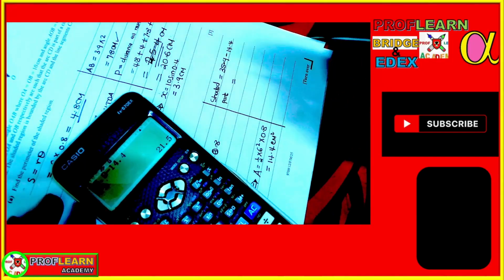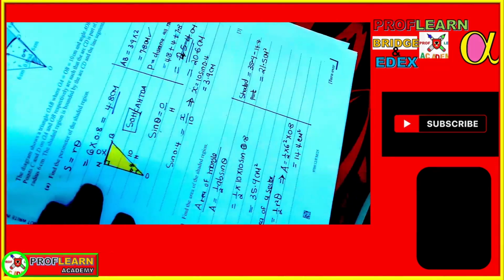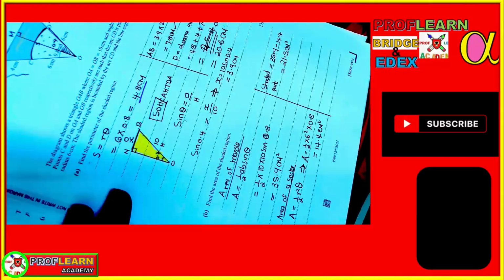If you work it out, you shall have 21.5 centimeters squared as the area of this particular shaded region.